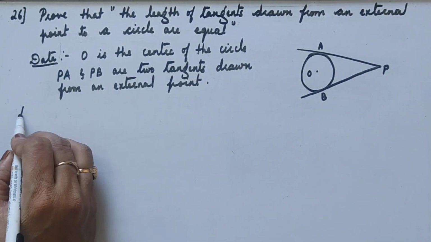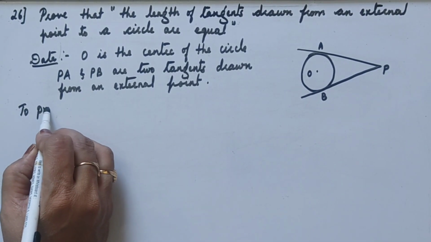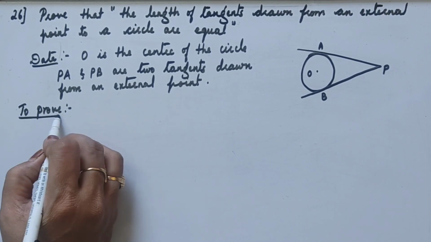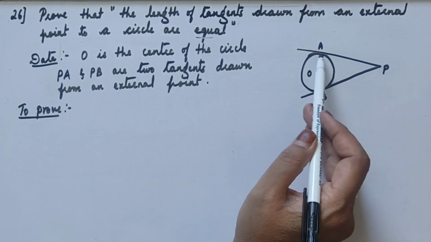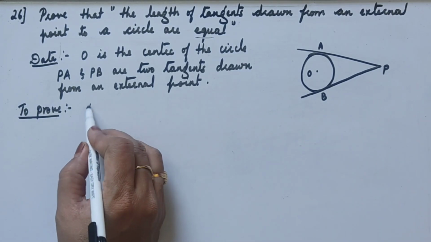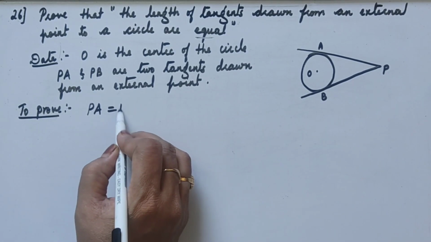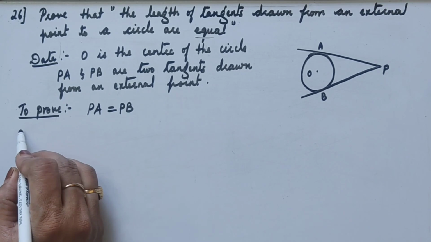Now, to prove that both the tangents are equal: PA equals PB, we have to prove.